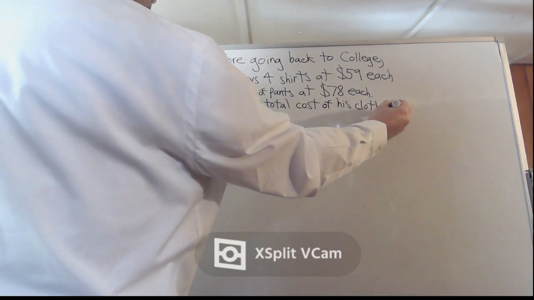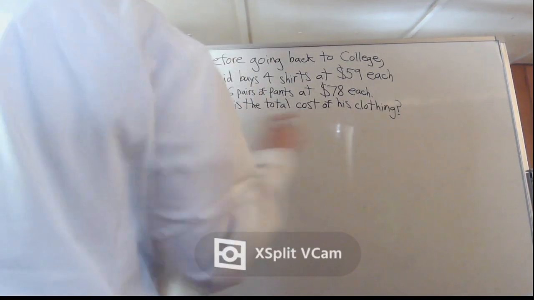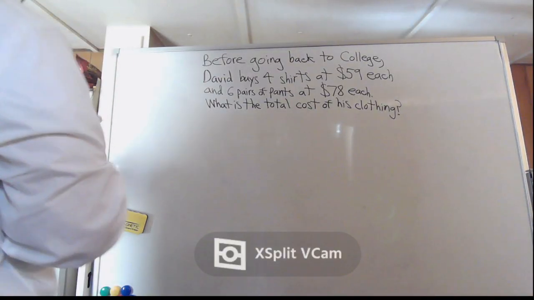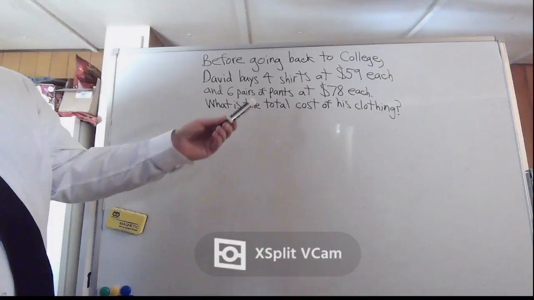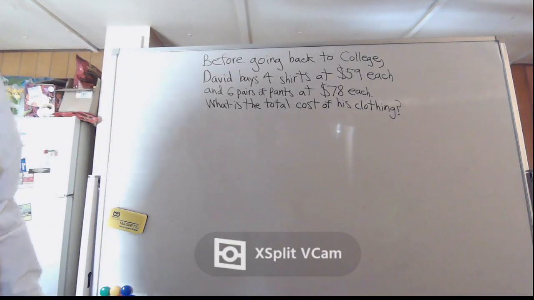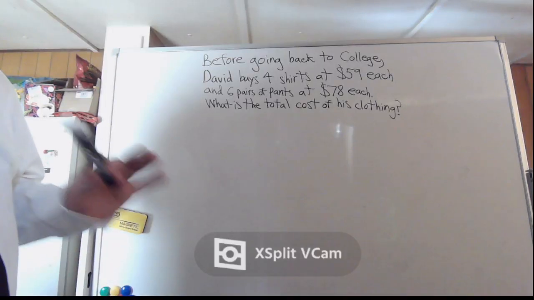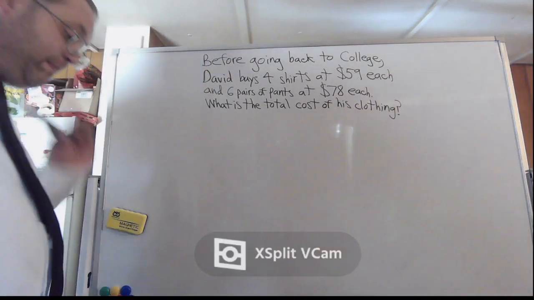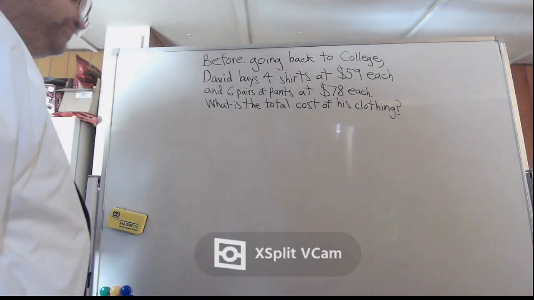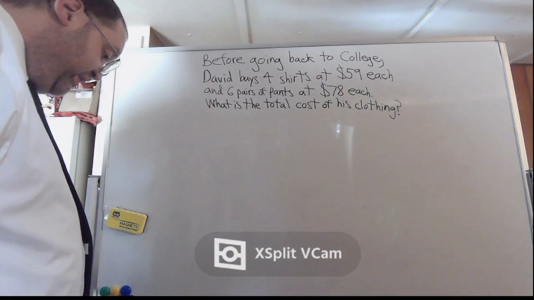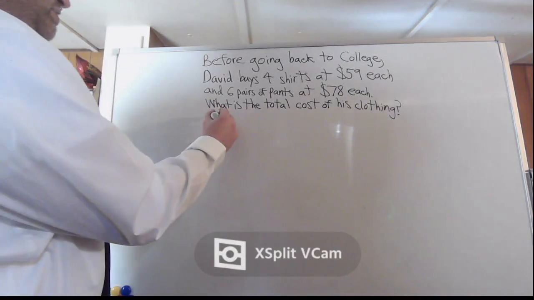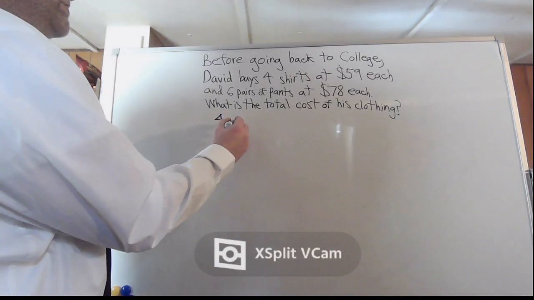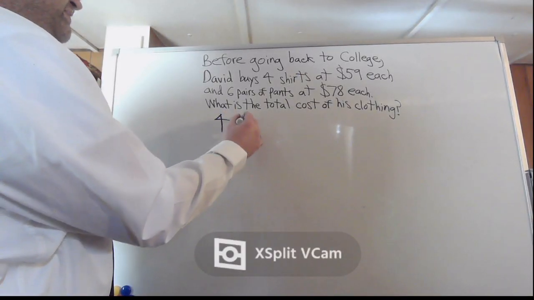Okay, so we need to figure out, again, this is a multi-step problem. Before going back to college, David buys 4 shirts at $59 each and 6 pairs of pants at $78 each. What is the total cost of his clothing? Well, we need to start with figuring out, they give you 4 shirts, so that's 4 times $59.